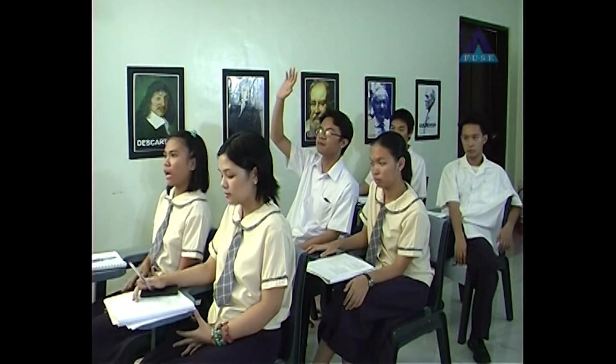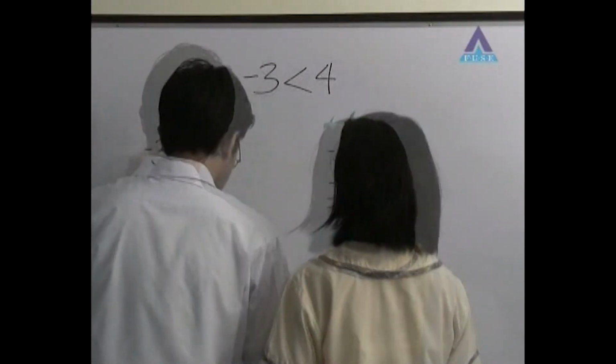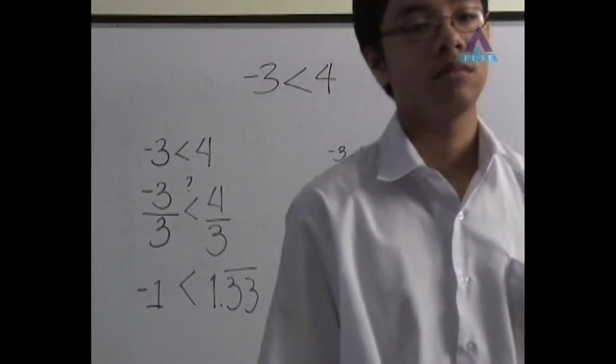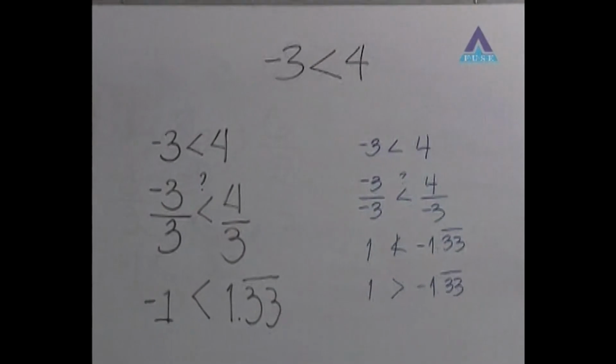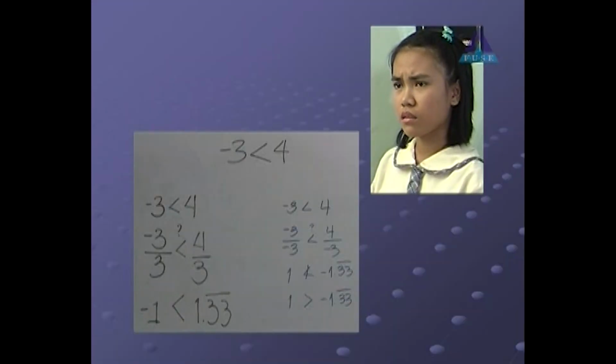I'll do +3. I'll do -3. It happened again. The inequality reversed when we divided both sides by a negative number.